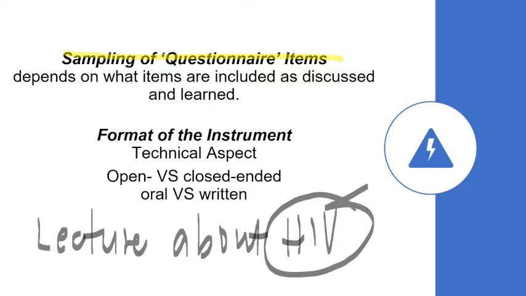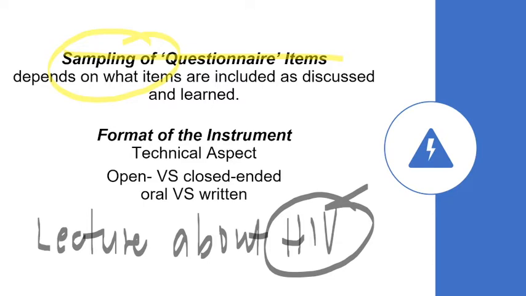If that will be the case, it's biased. It will be unfair because I'm just choosing questions which are easy. And then if the result comes out and the scores are high, I would say, okay, students understand, or maybe my participants understood the way I discuss HIV. Okay, that would give me a false idea. That would give me the false idea that my lecture is very effective. Okay, so that's about sampling of questionnaire items.